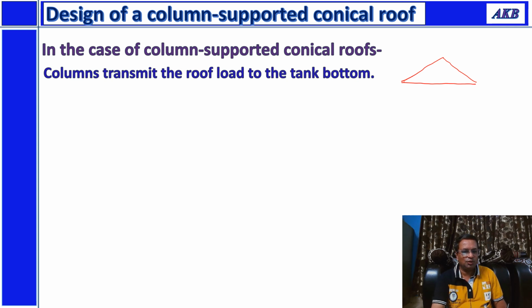All those loads will be transmitted to the bottom of the vessel by those columns. So this has to be kept in mind. In case of column supported conical roofs, columns transmit the roof load to the tank bottom.